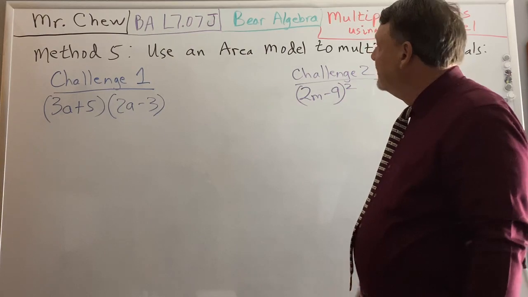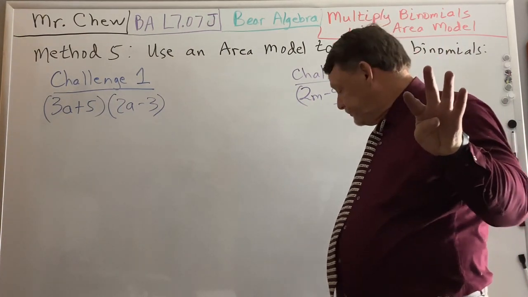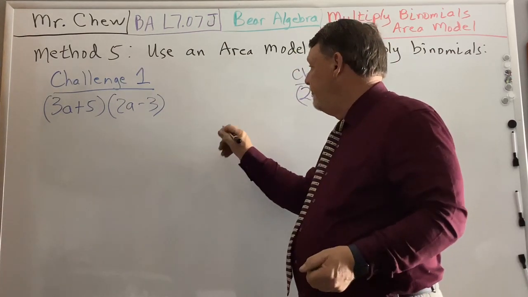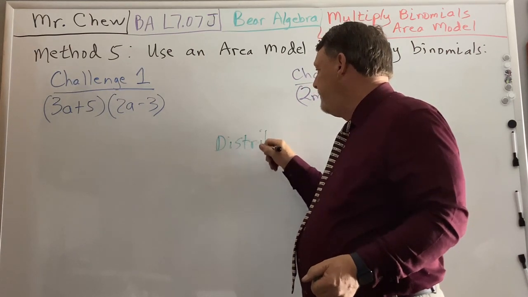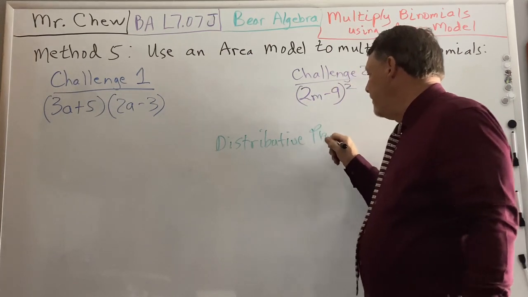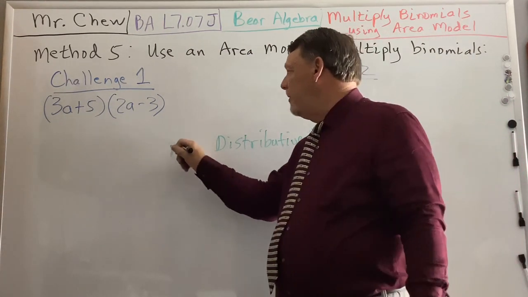Because I want to help you learn the algebra. So method 5, I already taught you 4 methods. First of all, the distributive property of multiplying binomials, and I called that method 1.